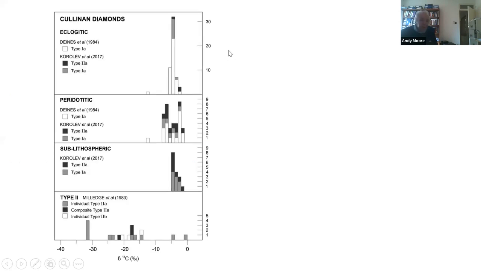Some intriguing evidence for the possible age of clipper diamonds, going back to this diagram where we pointed out that in each of the three mantle associations at Cullinan, the old, formerly known as Premier mine, you get nitrogen-free diamonds, those are the black symbols, and then there's a spectrum of compositions into nitrogen-bearing diamonds.